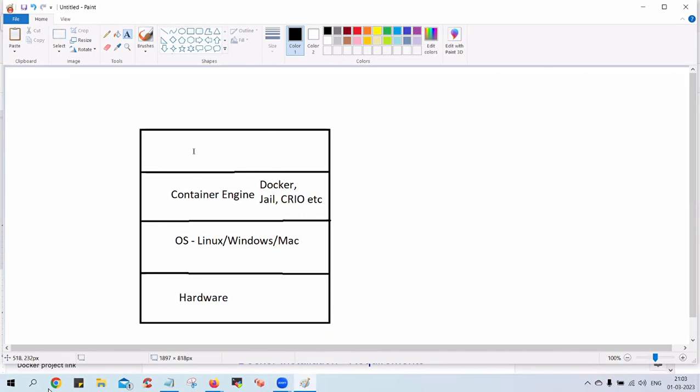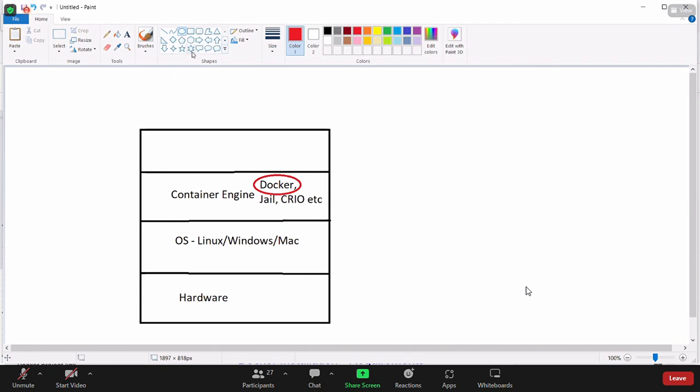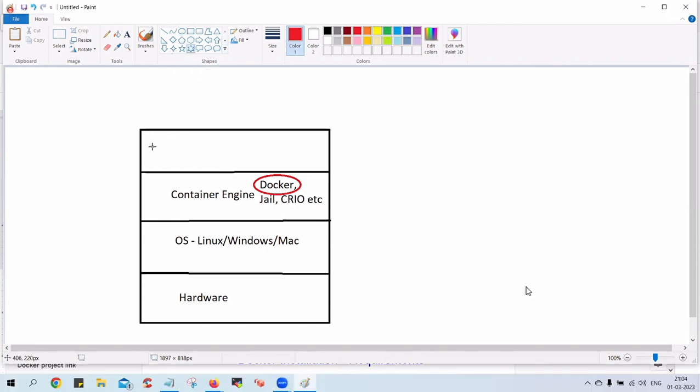Once you have set up Docker, let's say we chose this brand for our container engine. Once you have the container engine set up, that is where you will develop the container images.